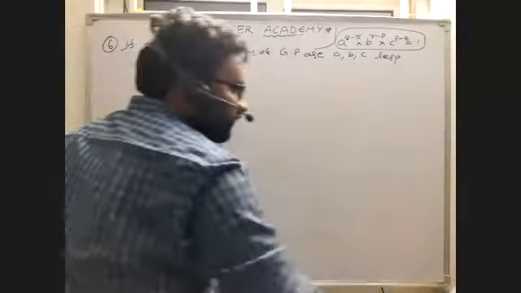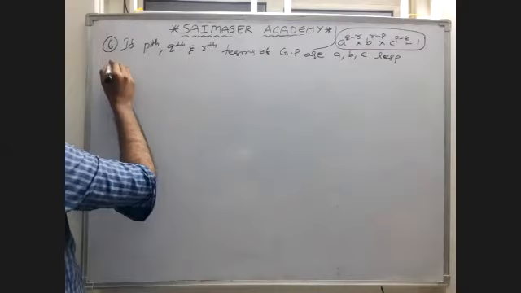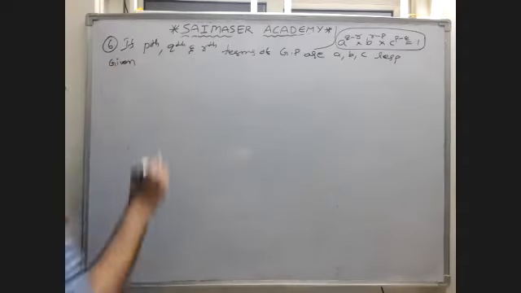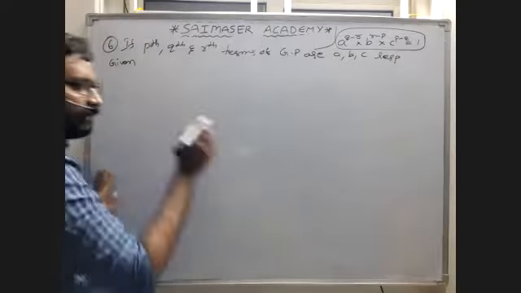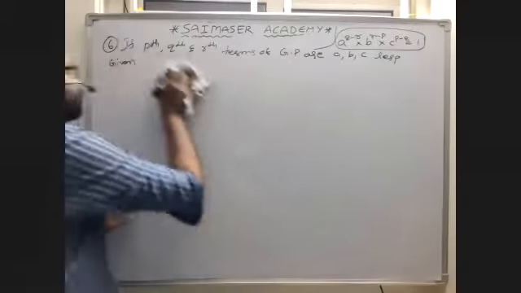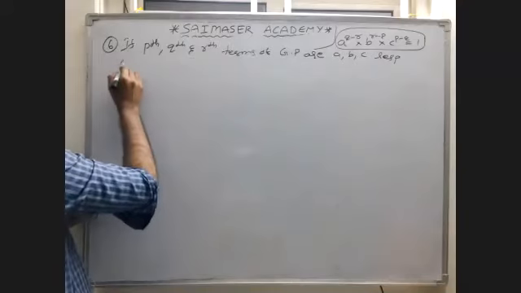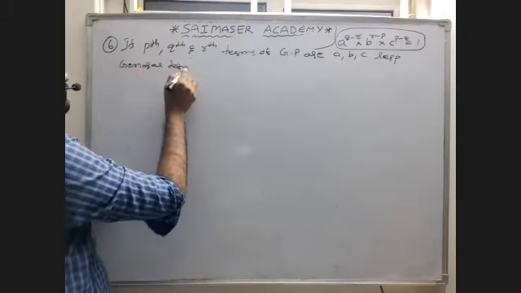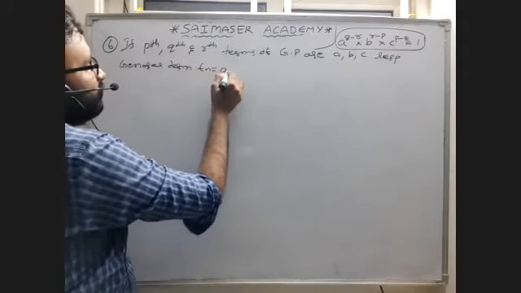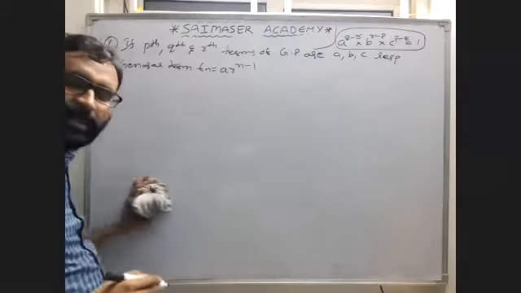Okay, here first write the given terms. Given pth term is A. And before that I am writing the general term, that is only what we require first. General term Tn is equal to a r power n minus 1.